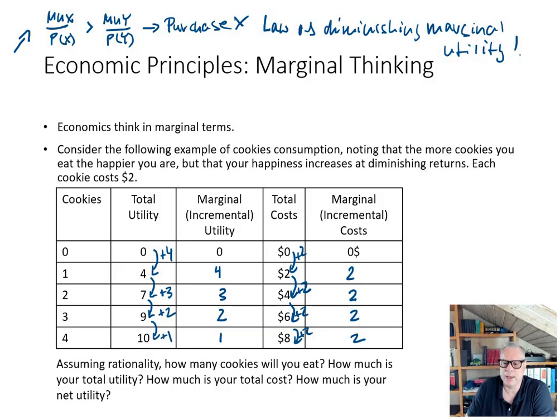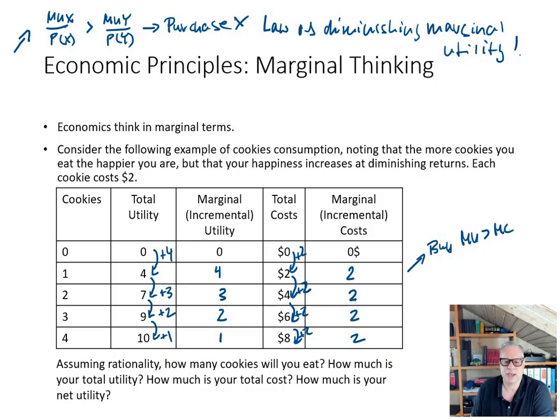So you buy the first cookie. Why? Because the marginal utility of 4 of the first cookie is greater than the marginal cost, MC, of 2.